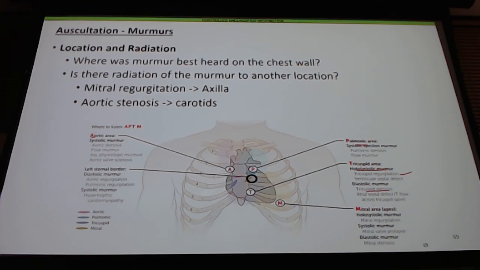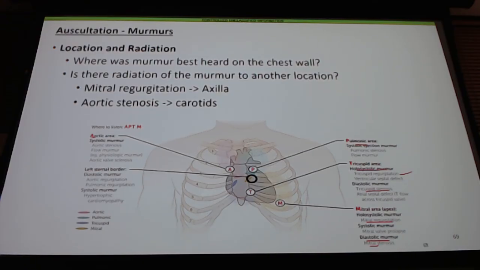When I'm listening to the mitral area, a holosystolic murmur is going to be mitral regurgitation because the mitral valve should be closed during systole, right? So that's a regurgitation murmur. If I have a diastolic murmur, then that's a mitral stenosis murmur.